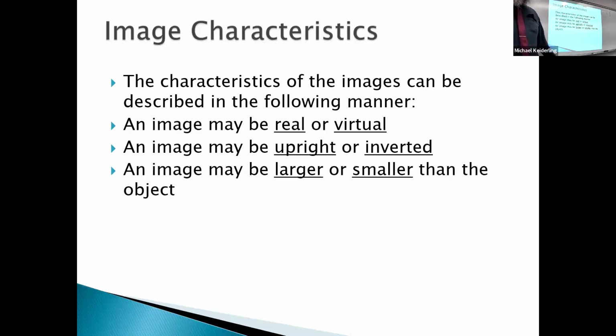To get a real image that is upright or a virtual image that's inverted, you need more mirrors or more lenses. You can see an example of a real image that is upright here, but there are two mirrors.